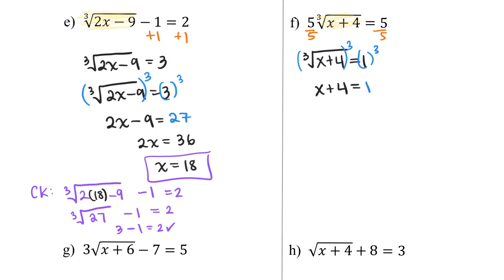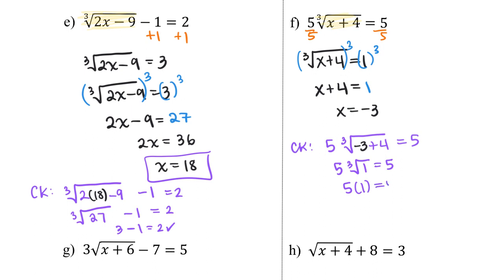Okay, if I minus the 3, I get x equals -3. Okay, let me plug it back in, my little CK check. 5 times the third root of x plus 4 equals 5. So 5 times the third root of 1 equals 5. What's the third root of 1? 1. 5 times 1 is 5. Yep, it sure is. Okay, let's do 2 more.